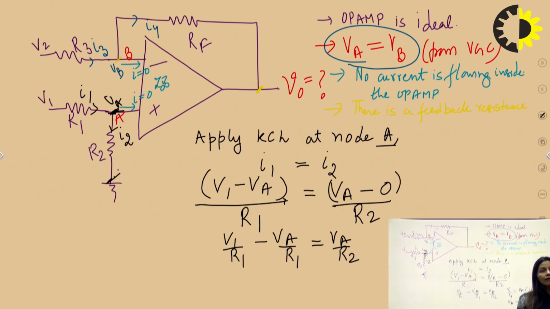You need to check whether the feedback resistance is connected to the input or not, then apply KCL, make the equation, and you can get the desired result. So always note Kirchhoff current law is very useful for solving ideal Opamp numericals. Thank you.